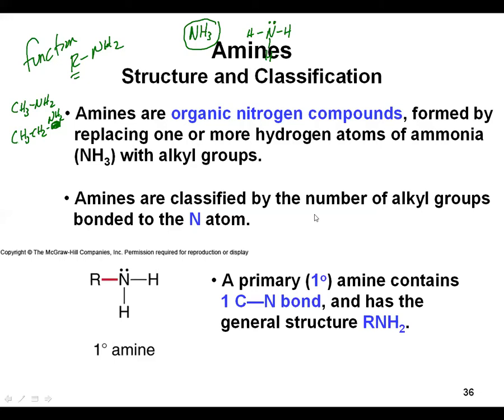We would look at the nitrogen, and this R group, which is really a carbon group, has basically one carbon directly attached to it. That would mean it is a primary amine. Again, just like when we did carbons, the carbon had one other carbon directly attached to it, it was a primary carbon. So this would be a primary amine.